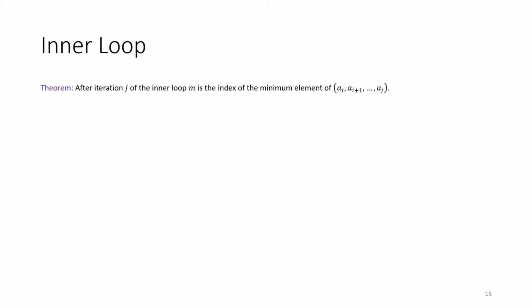So the loop invariant, we can imagine I've borrowed this from before. Maybe I cut and pasted it, but I did have to change this bit about the index of the minimum element. If I remember correctly, before we had something about m being an element of this list and being the minimum element, being less than or equal to all the other elements in the list.